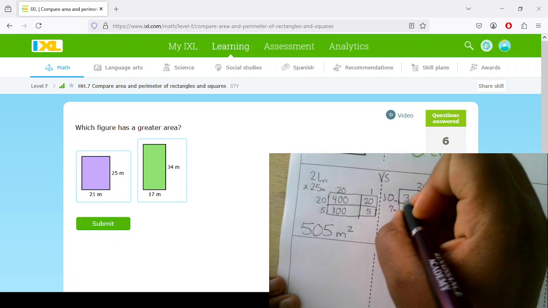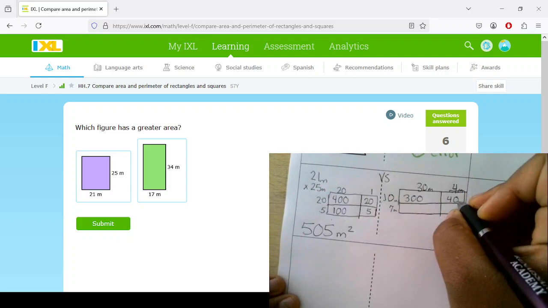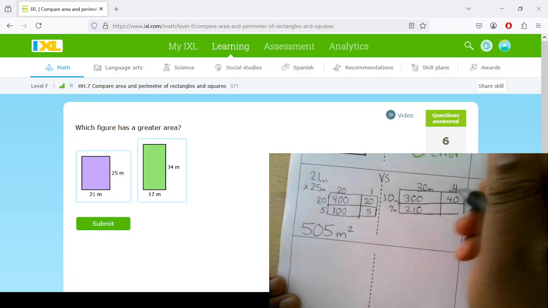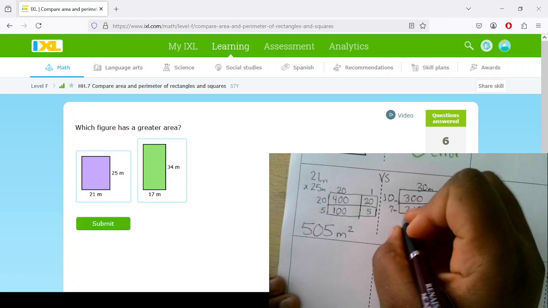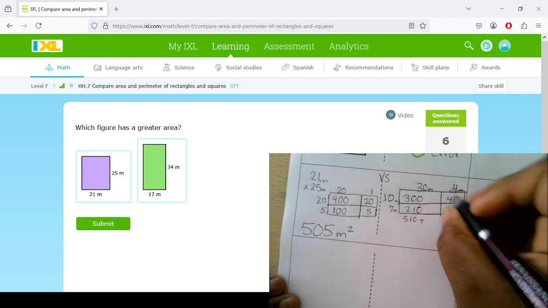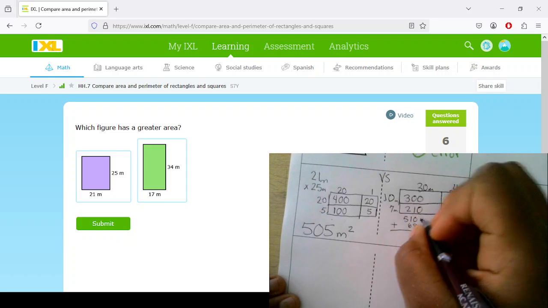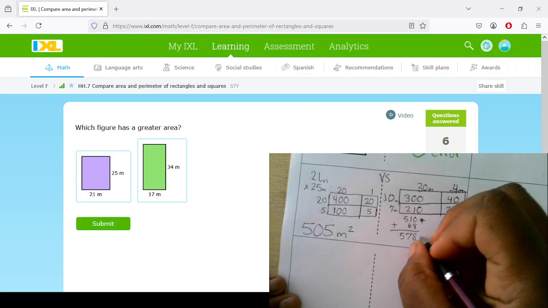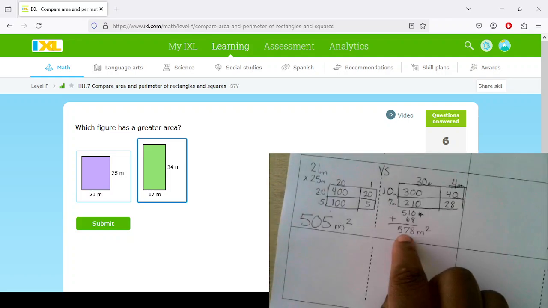One times 3 is 3 with 2 automatic zeros. 10 times 4 is 40. 3 times 7 is 21. There'll be 1 automatic zero. And 4 times 7 is 28. So that's going to be 510 plus 68. So that should be 578 square meters. Which figure has a greater area? This one, the 17 by 4.